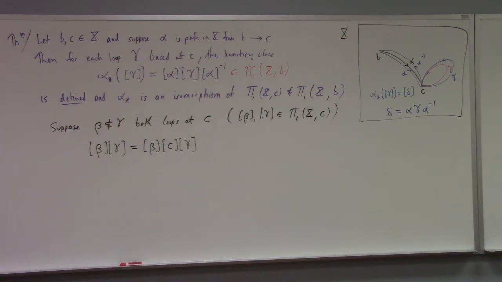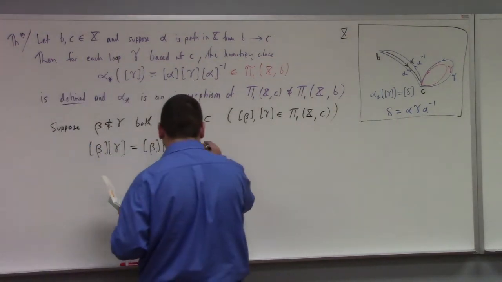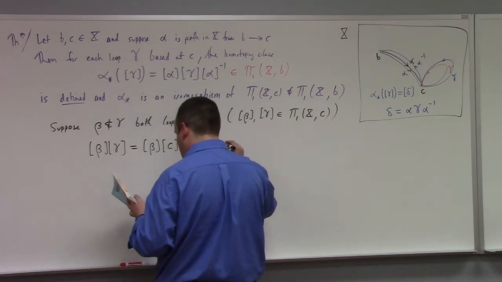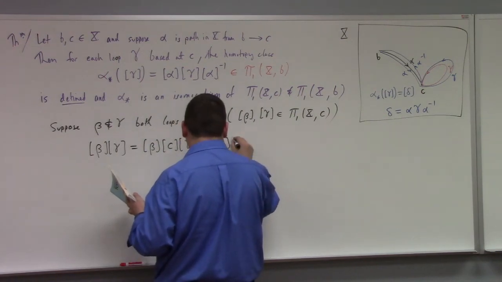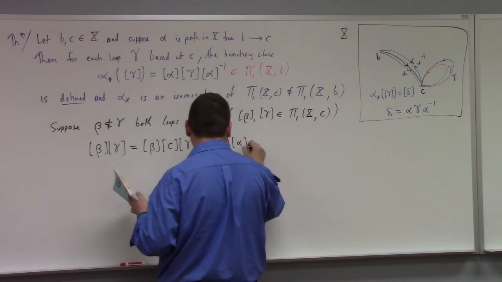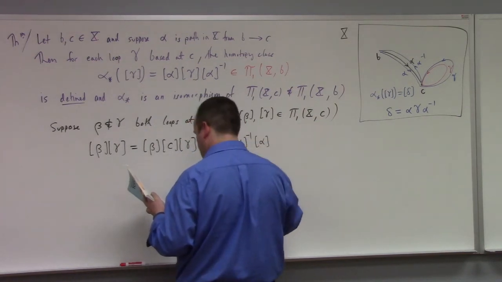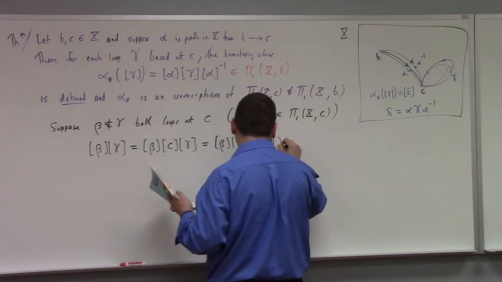And since they're loops at C, they start and end at C, so we can put C there and not change a thing. It's using the constant path identity lemma we did last time. And then, ooh, that is sneaky. He goes, hey, I'm going to write that as beta alpha inverse alpha gamma.